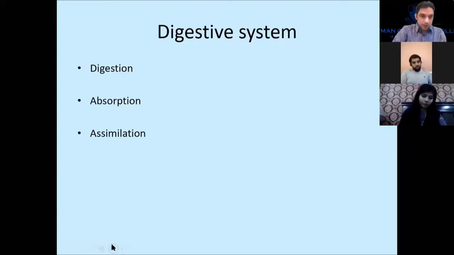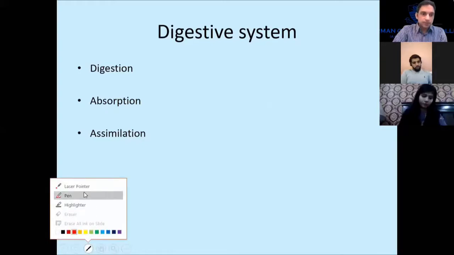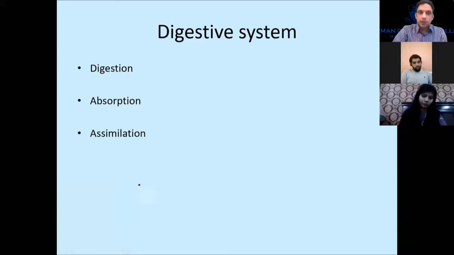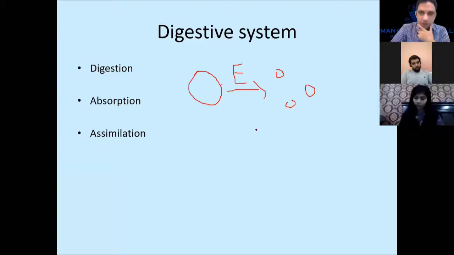So first, digestion is a process in which the human system, or the digestive system, breaks down bigger particles into simple and smaller components with the help of enzymes, and this process is called digestion.